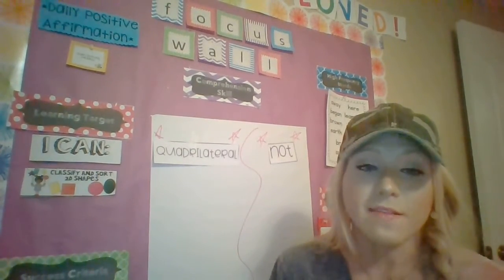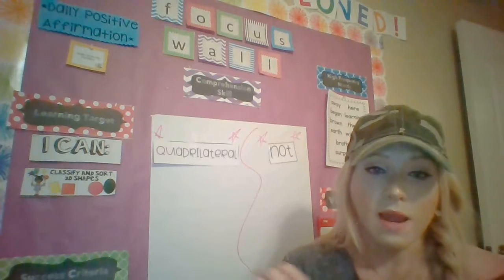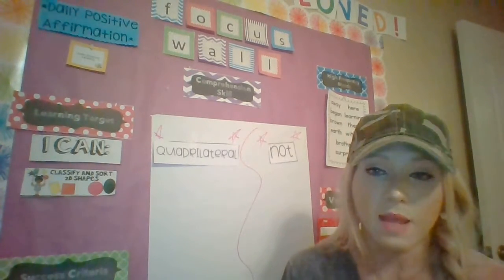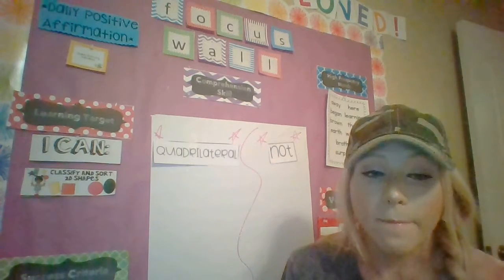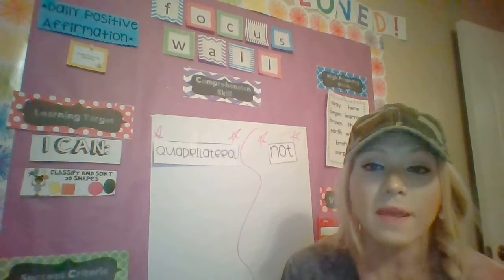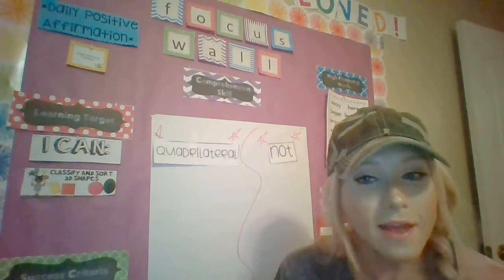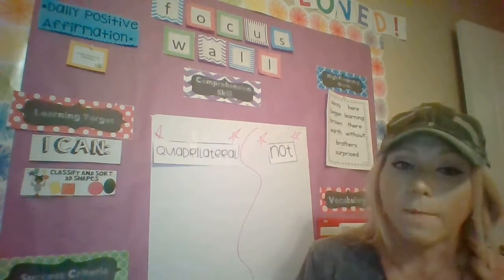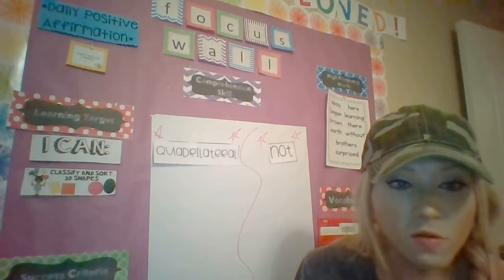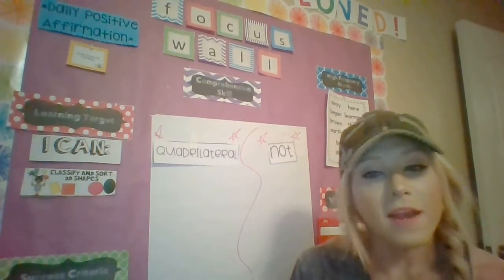So classify is a fancy word that just means organize, like separate, put them in groups. So I have some pictures of 2D shapes and we're going to be classifying them, math vocab word, into 2 groups. And our poster is telling us what 2 groups they're going to be classified as.